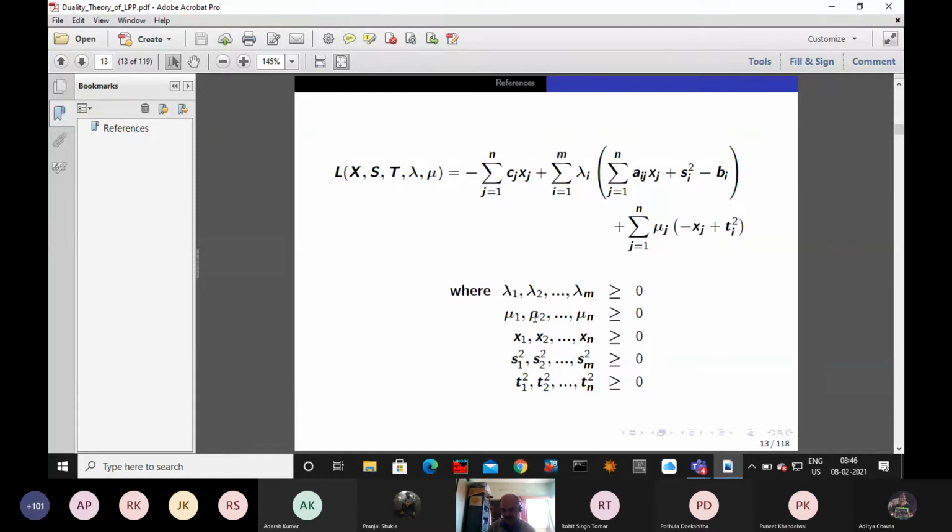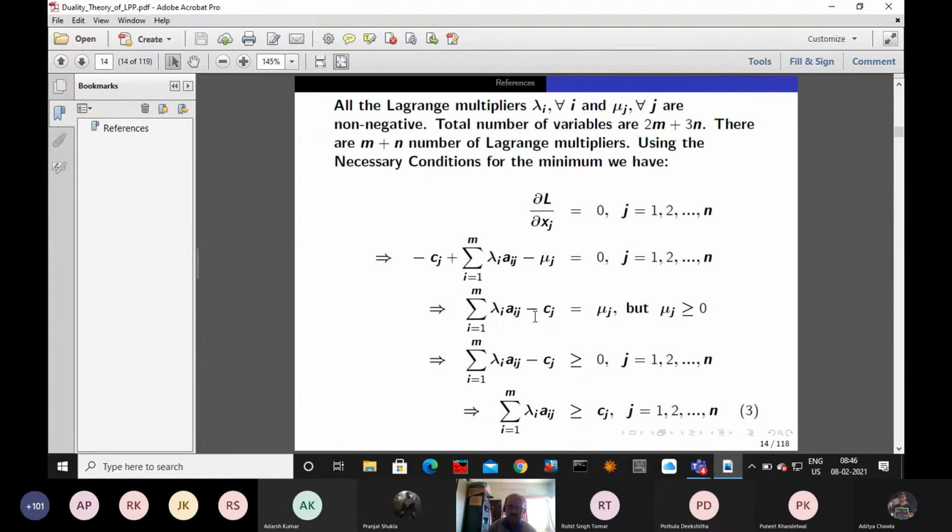Similarly, the next term, if you take the derivative with respect to xj, here minus mu j will come. So we will simplify in this manner. The first derivatives, when you equate del L by del x equal to 0, are the necessary conditions.